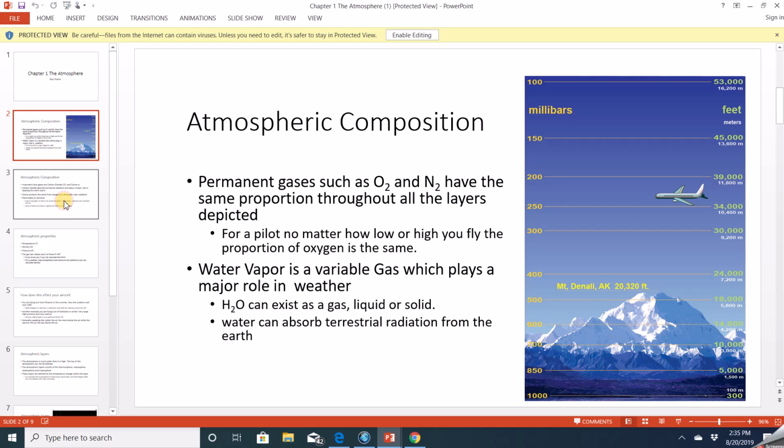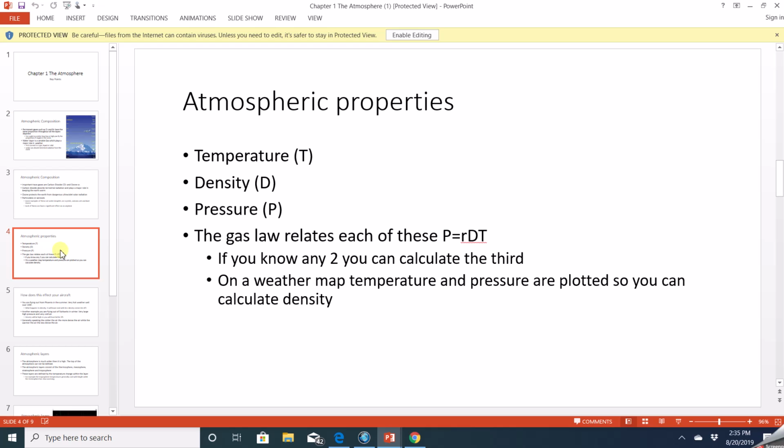So looking through here a little bit, one of the properties of the atmosphere is that temperature, density, and pressure are all related, called the ideal gas law. We're not going to show you a lot of math questions or anything like that, but we need to know a little bit about how things relate, and it's easiest to see that when you look at them in a mathematical equation.